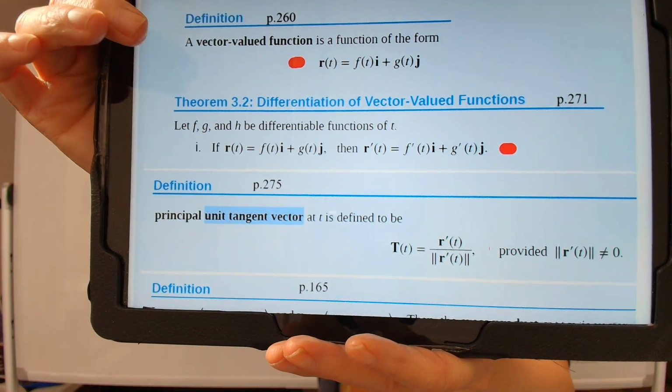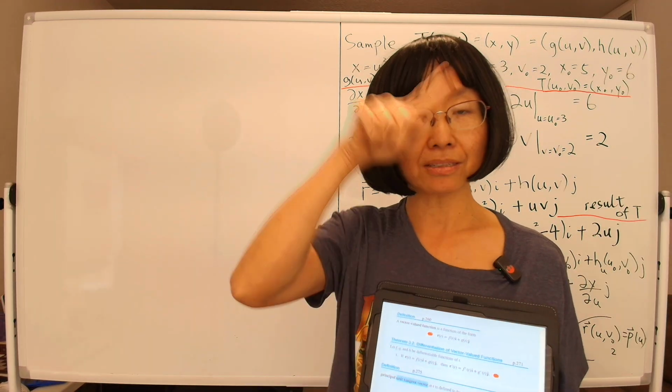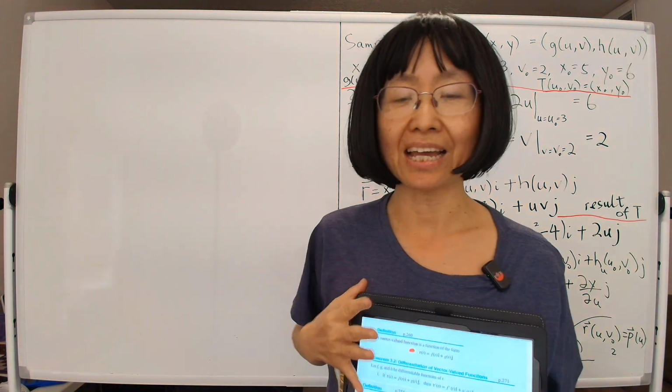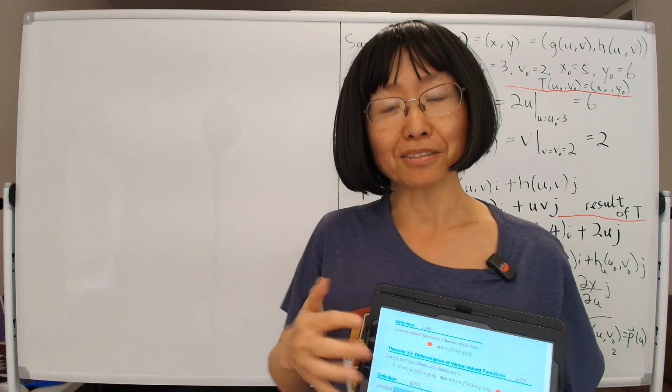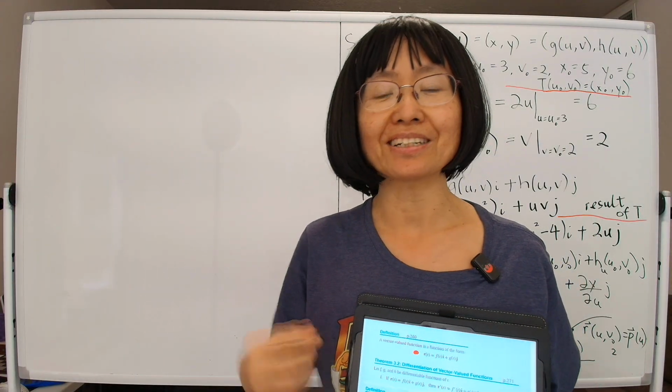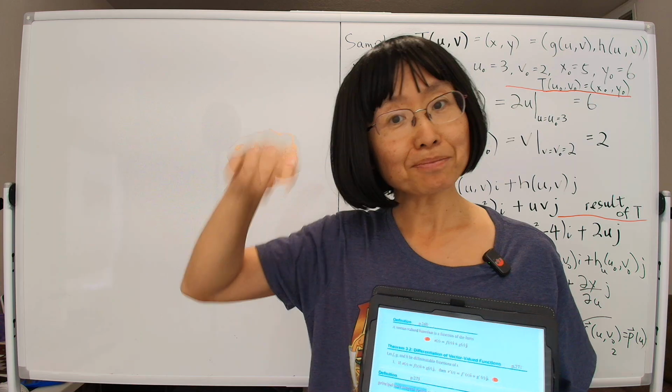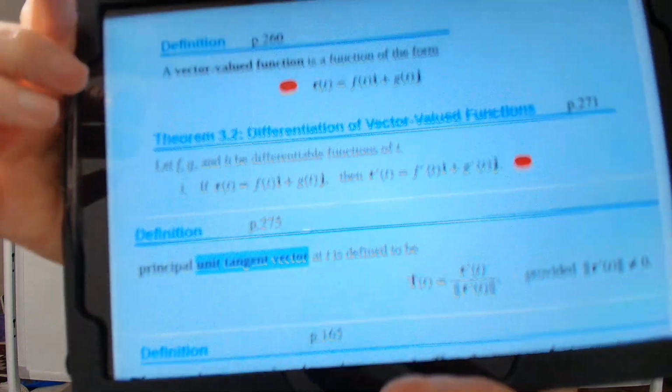Now, f of t and g of t are just functions, and as t changes, r goes about in space. In this case, it just goes on the plane because this doesn't have 3 directions.